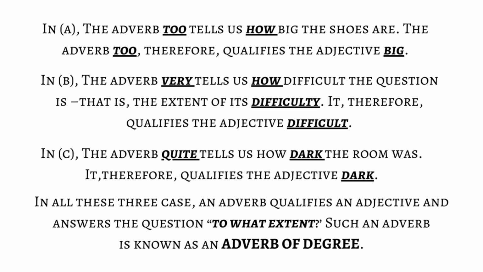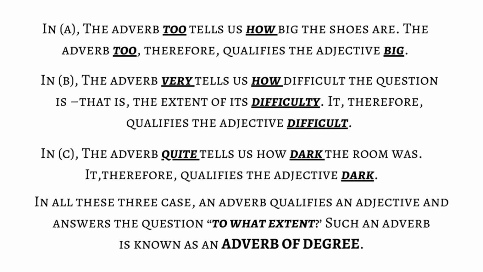In B, the adverb very tells us how difficult the question is. That is the extent of its difficulty. It therefore qualifies the adjective difficult. In C, the adverb quite tells us how dark the room was.